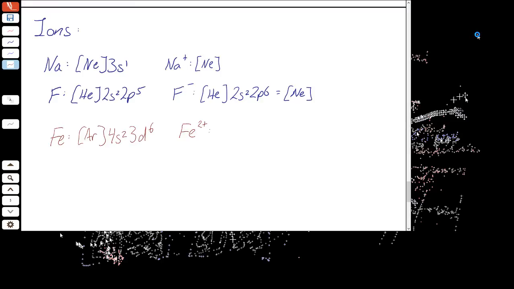We have to be a little bit careful to take those electrons out of the actual highest level, the least shielded electrons, which are the 4s2. So the 2+ grabs those 4s electrons, not the 3ds, even though we wrote them last, even though we filled them last. So the electron configuration of iron 2+ is argon 3d6, not 4s2 3d4.